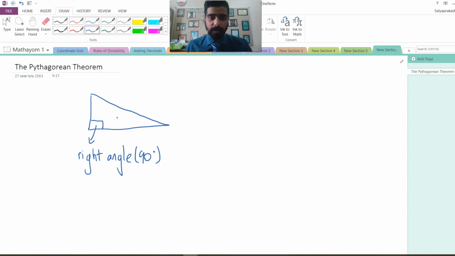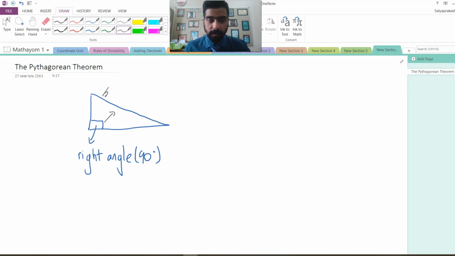Now, in order for us to use the Pythagorean theorem, it will be easy if we straight away find which side of the triangle is the hypotenuse. There's an easy way of finding it. First of all, we always have to find the right angle, and the hypotenuse will always be the side that is opposite to the right angle.